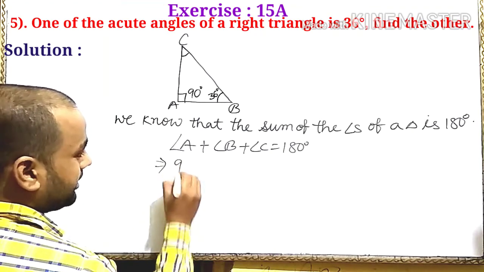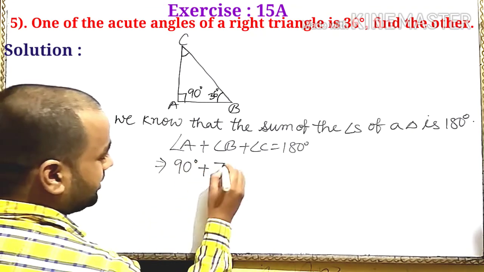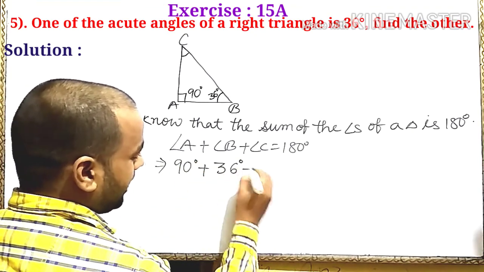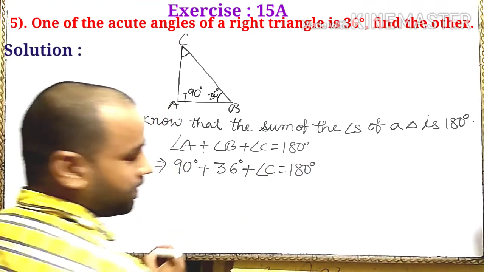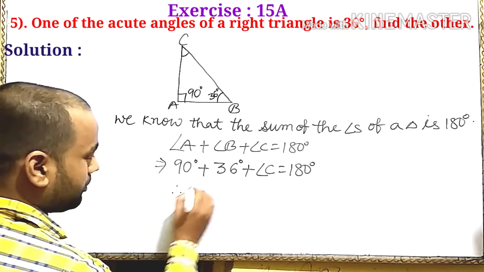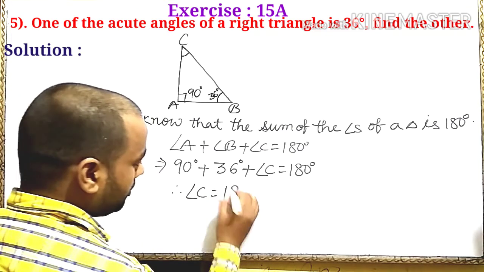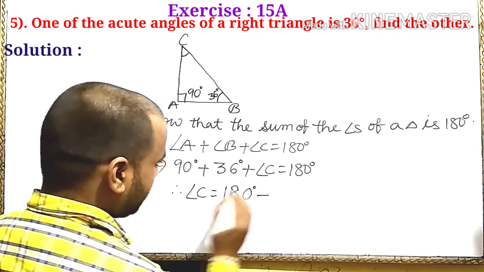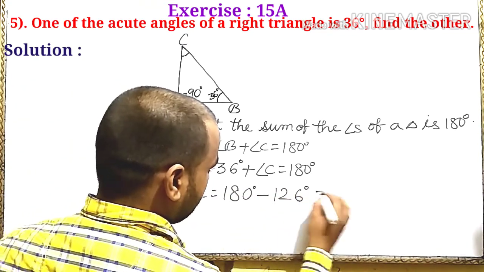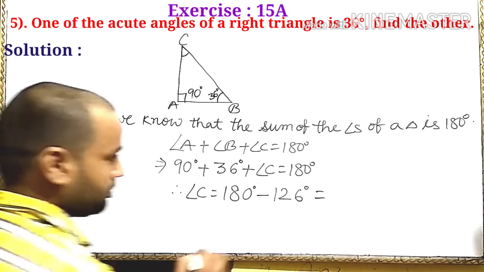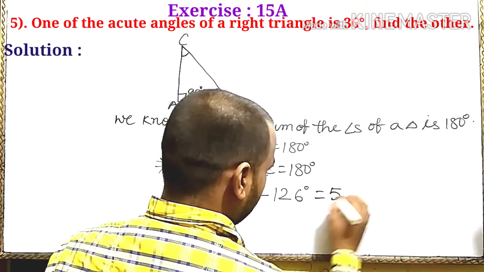Angle A is 90 degree here, angle B is 36 degree, and angle C is required, equal to 180 degree. So therefore angle C is equal to 180 degree minus 126 degree, which is equal to 54 degree.